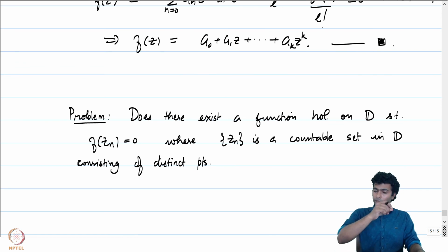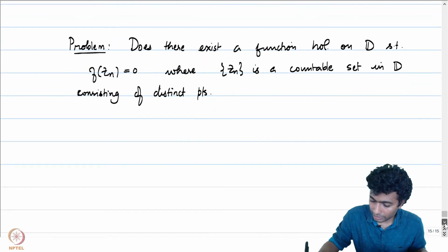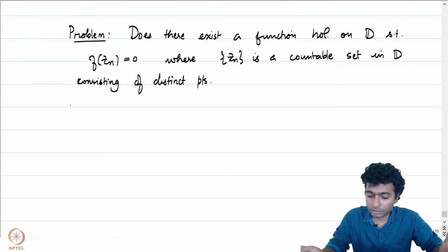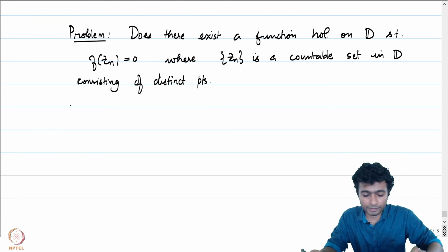In particular, we will be able to get hold of such a sequence only when the sequence converges to the boundary, mod z equal to 1. So this example tells us that it is possible to have a countable set in D of distinct points and a holomorphic function f such that the function vanishes on this countable set.